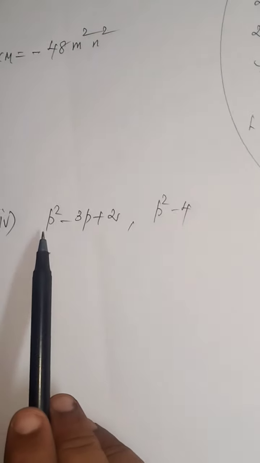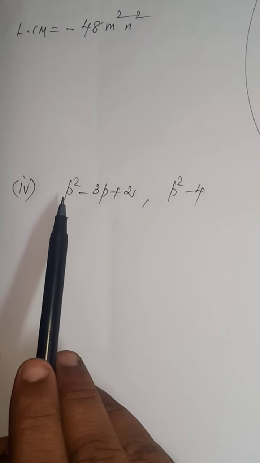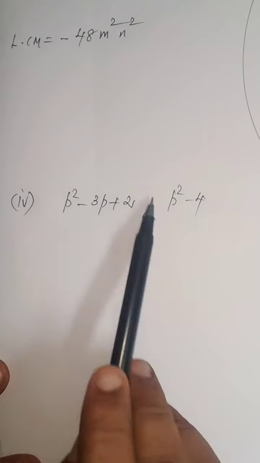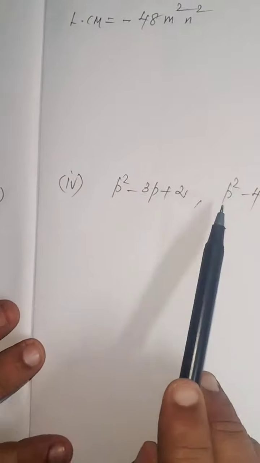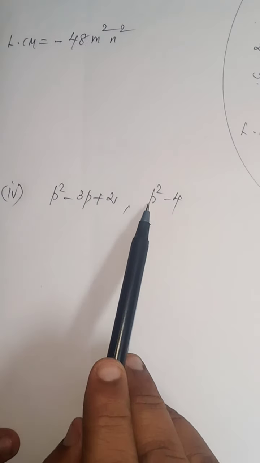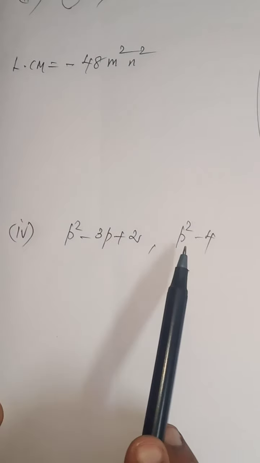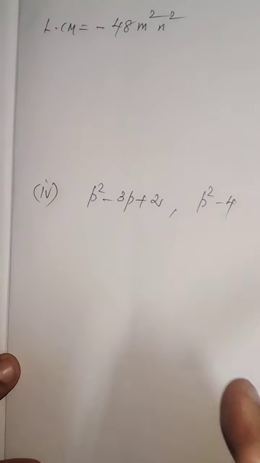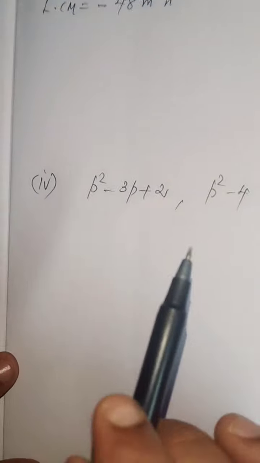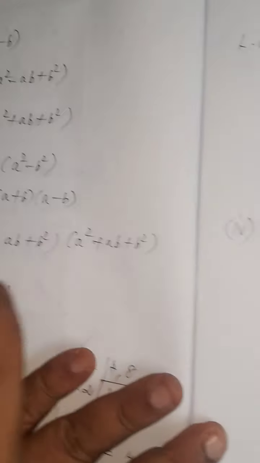Here this expression has 3 terms, p squared minus 3p plus 2. This is a trinomial. Here there are two terms, p squared and minus 4. This is a binomial. Bi means 2, tri means 3. In that case only, if it is possible, you can go for the identities.